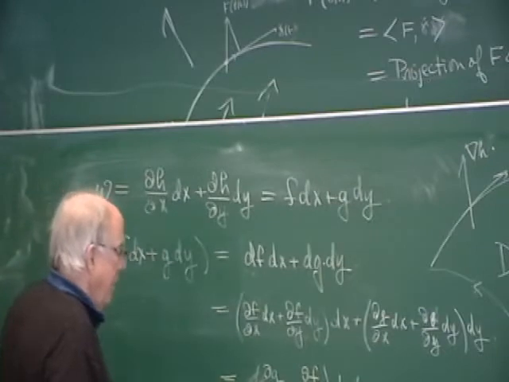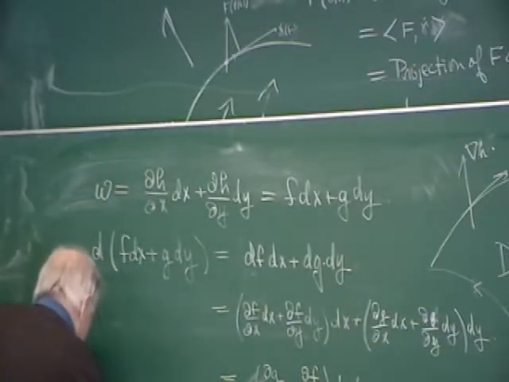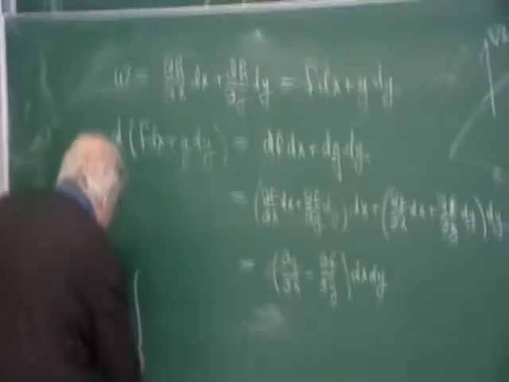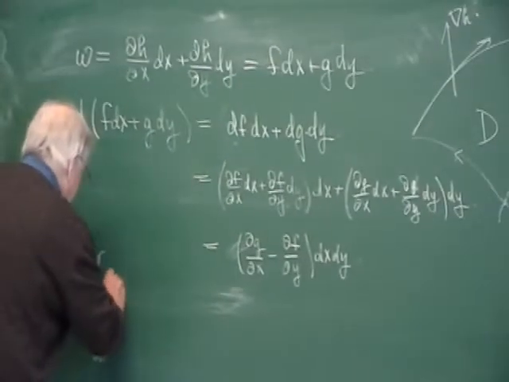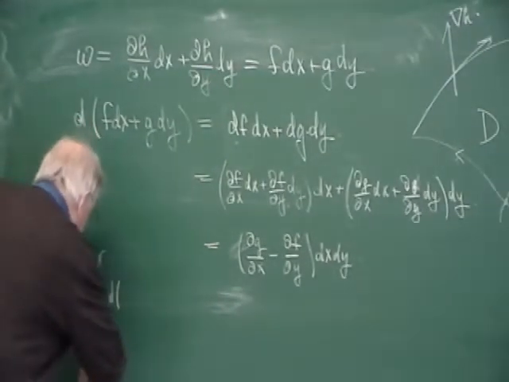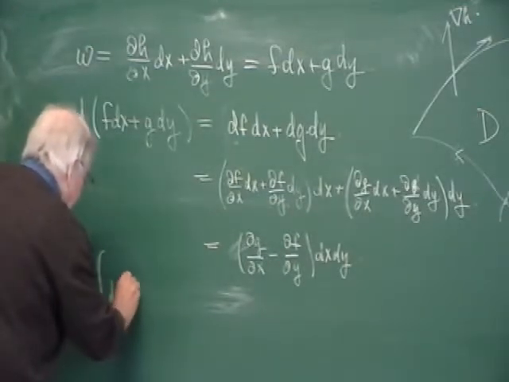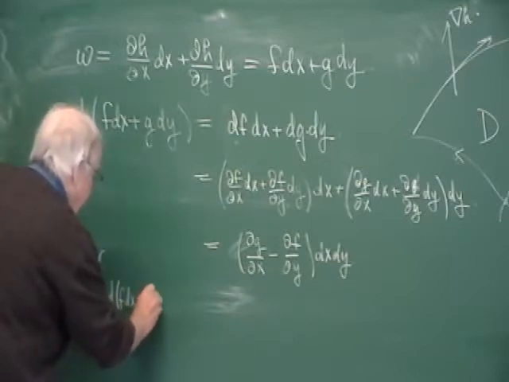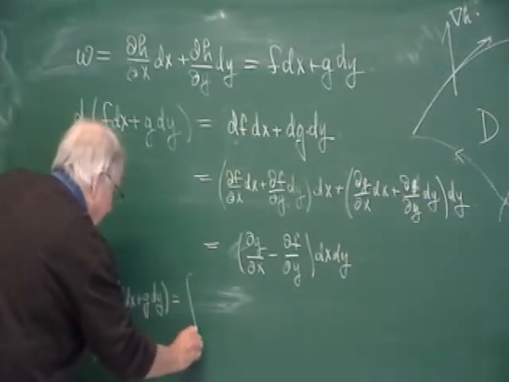Green proved that the integral over the domain of d of something is the integral over the boundary of the thing.